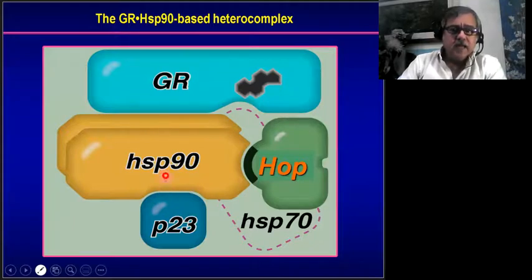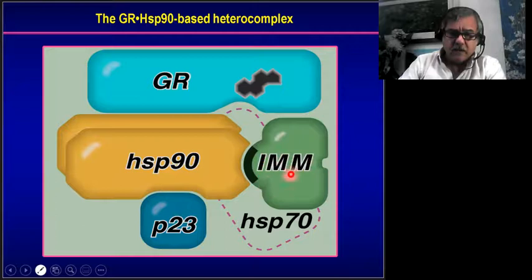HSP90 is the hub of the complex, which also includes HSP70, P23, and HOP, P60. HOP is required during the early steps of GR assembly, bringing together HSP90 and HSP70, but it is not present in the final mature heterocomplex because it is replaced by the high molecular weight immunophilin.